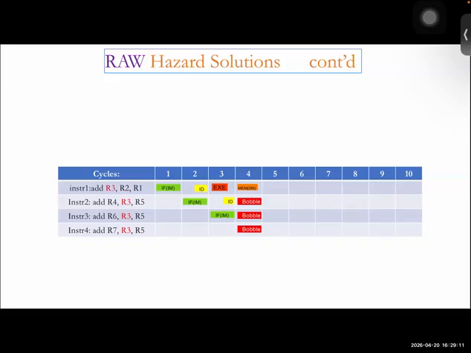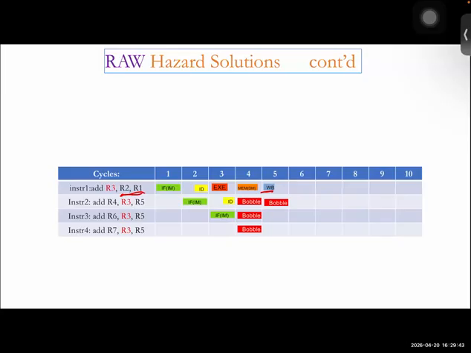At the fifth cycle, instruction 1 writes the result of R2 plus R1 into the R3 register in the first half cycle. So still the write operation is going on, and instruction 2 cannot continue its execution. So in the pipeline, another bubble is inserted. Instruction 2 is still in the instruction decode stage.